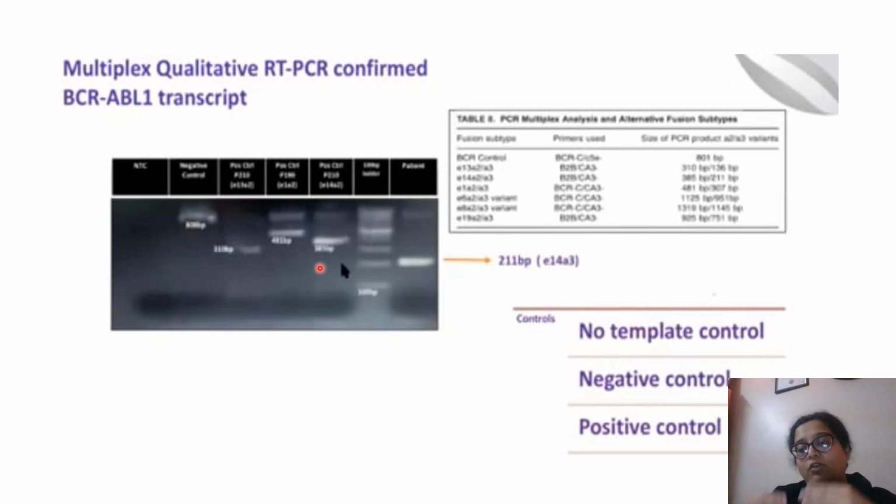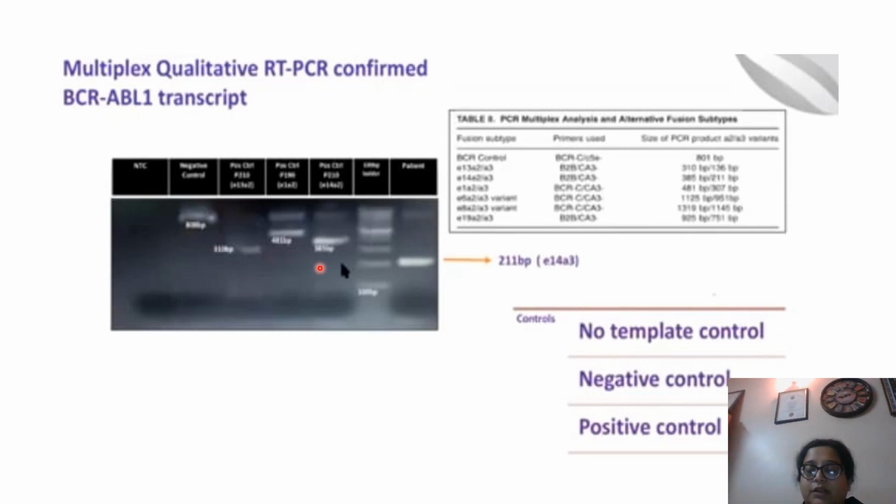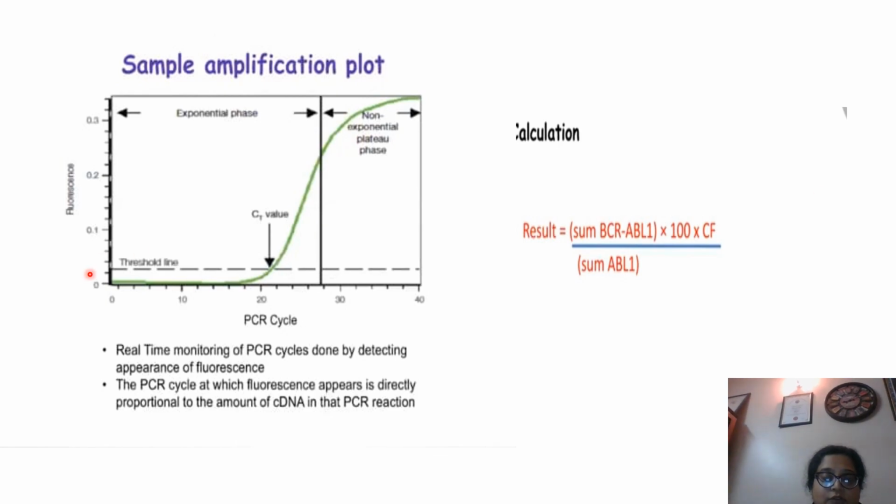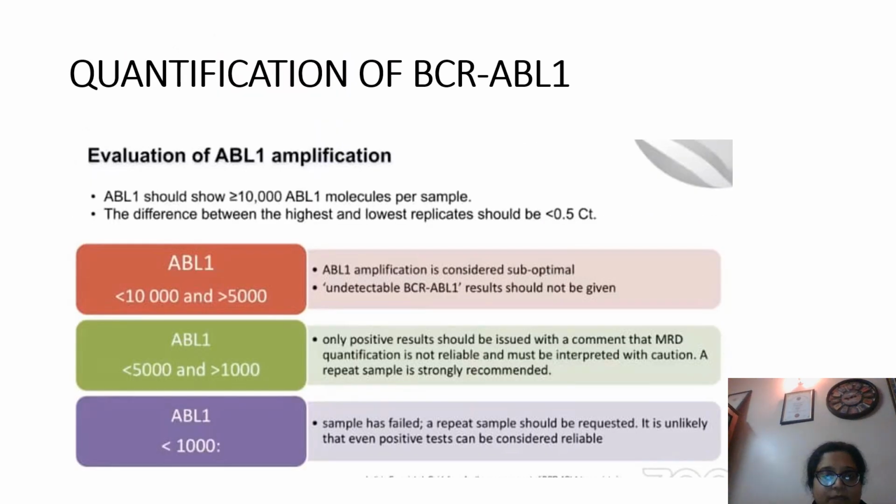Log reduction of the amount of BCR-ABL is calculated to see how much the copy number is reducing, at 3 months, 6 months, 12 months. We go on doing it till it becomes, I'll show you what it is. Deep molecular response, major molecular response, what it is, I'll show you, right. So this is how you calculate the quantitative. I'm not going into detail, it's not important for you.